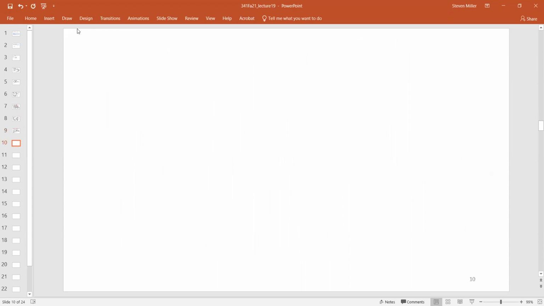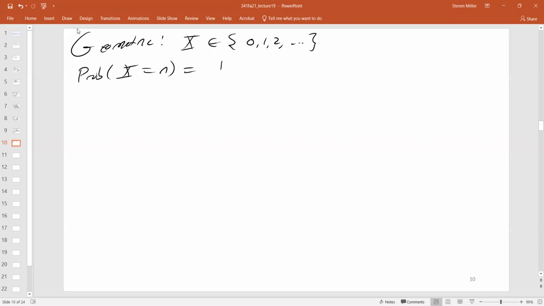All right, so the next one is the geometric random variable. And we're going to say x takes on values from 0, 1, 2, ... And then the probability is 1 minus p times p to the n.